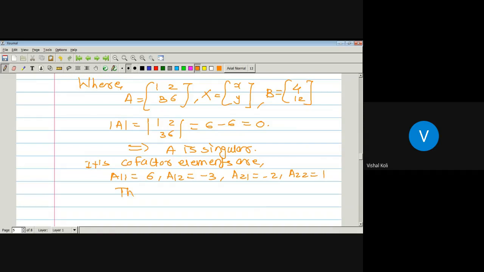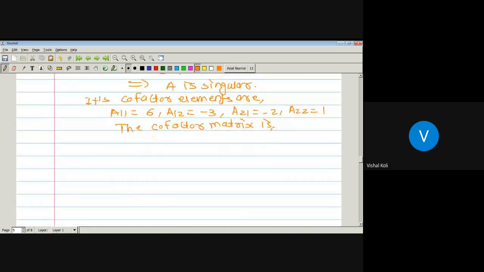So the cofactor matrix is simply these elements: 6, minus 3, minus 2, 1. So what is adjoint of A then? Adjoint of A is the transpose of this cofactor matrix 6, minus 3, minus 2, 1.